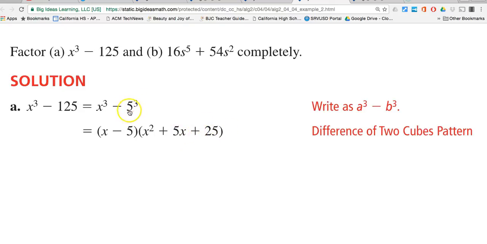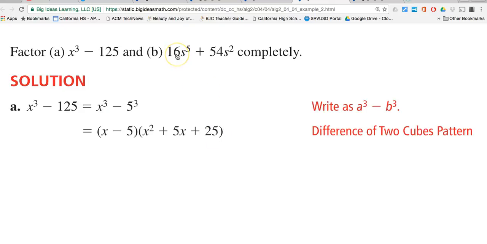Notice since b is 5, we get 5 squared, which gives us 25. Okay, very straightforward. There's not a whole lot of explanation. It's just being able to recognize these perfect cubes and then plugging the a and b values into this pattern.